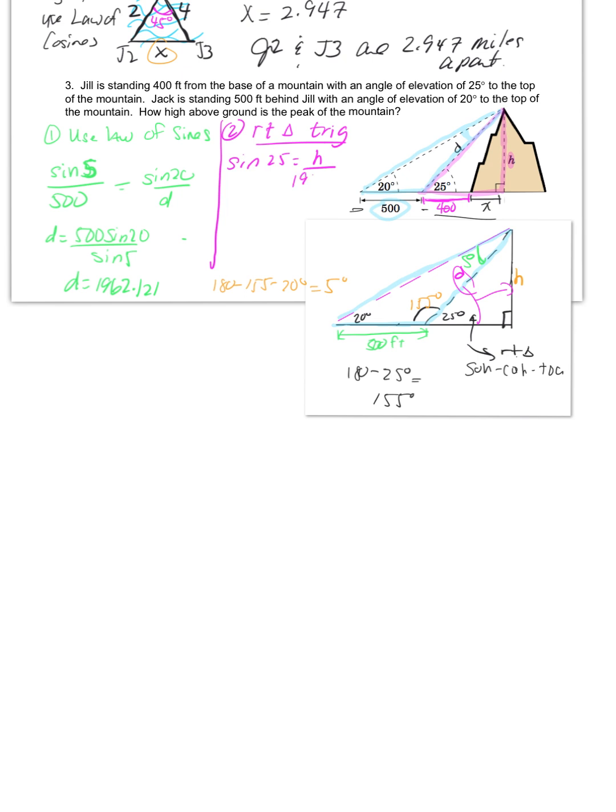So that's 1962.121. So h equals, you substitute that in your calculator, and you get the height to be 829.228 feet, rounding to 3 places. Okay, that's how high the peak is.